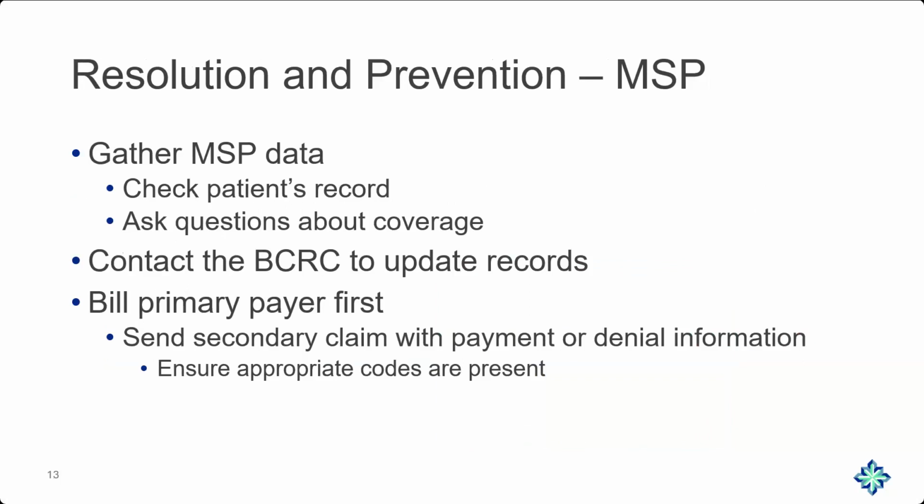So if you get a reject concerning another coverage, first thing that I suggest you do is gather the MSP data. And you're going to do that by checking the patient's master record. We have different ways you can do that, or ask the patient questions about coverage. Could be the patient, could be their representative.